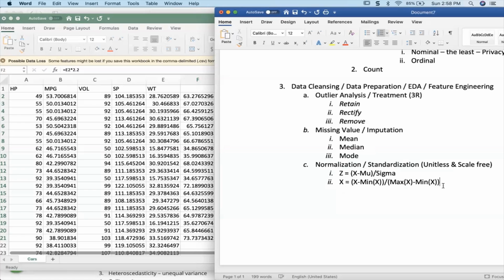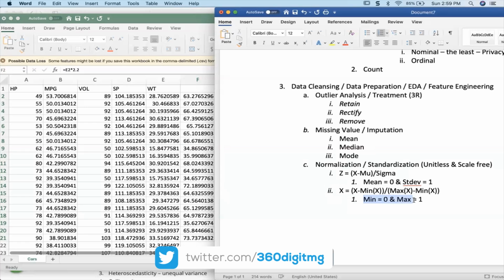When you normalize, all the variables which are normalized will have mean equal to 0 and standard deviation equal to 1. When you standardize the data, all the variables will have a minimum value 0 and max value 1.